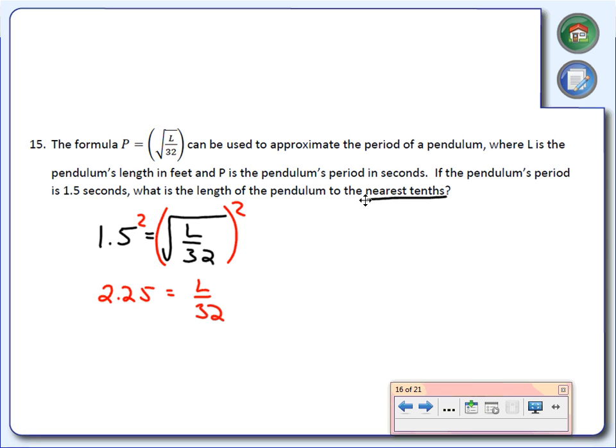I want L by itself, so since they're dividing by 32, I'll do the opposite. I'll multiply by 32. So 32 times 2.25, what is that? 72. So the length of this pendulum is 72. Now there was no decimal, so 72 is how we're going to do it.